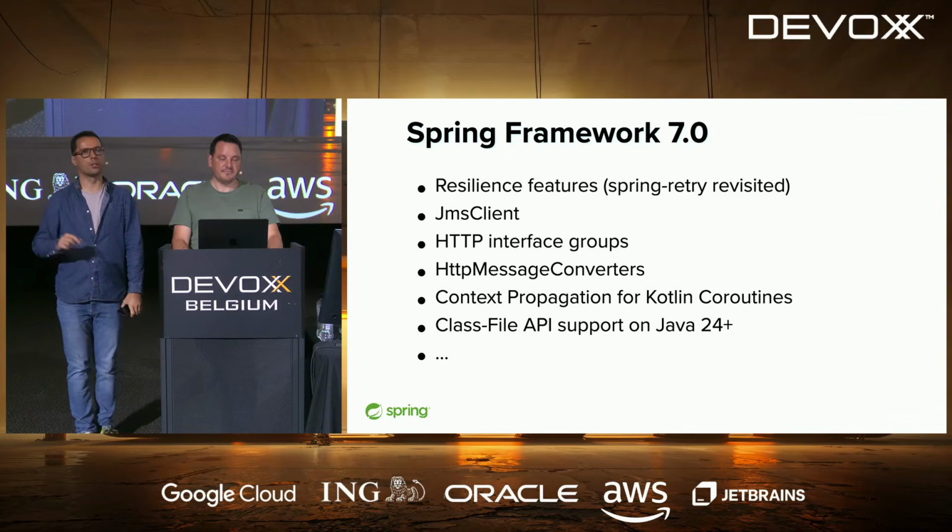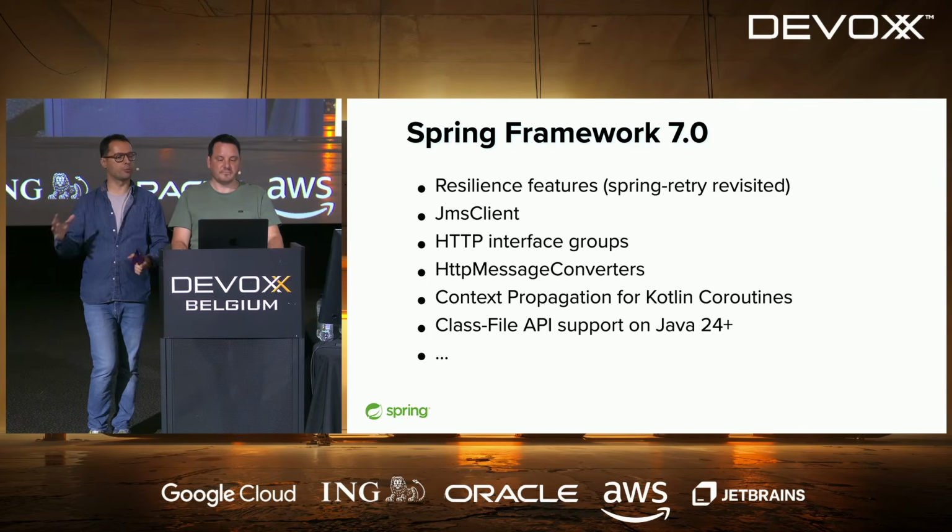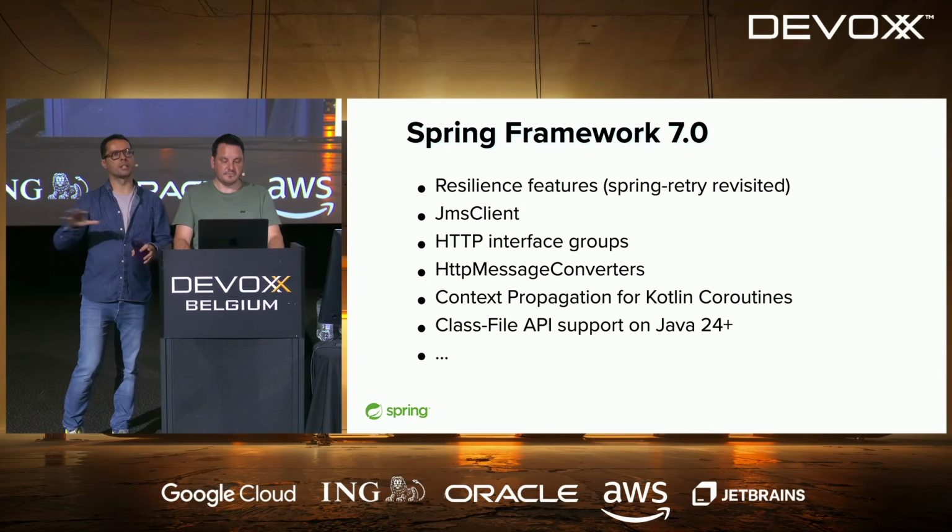So interface groups are a nice way to configure a lot of them and regroup them under categories. Just like you would have one client for GitHub APIs with many different clients, but under the same HTTP client with the same properties, headers, timeouts, and so on. So it's really a framework for configuring many clients and setting them up in a nice way.